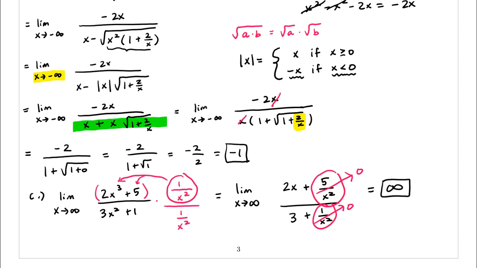Again, from pre-calculus, we would have expected that because the degree of the numerator is higher than the degree of the denominator, meaning that there is no horizontal asymptote, and so we would expect that the limit would go off to either positive infinity or negative infinity.